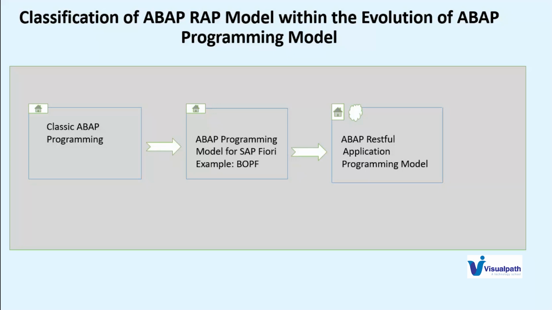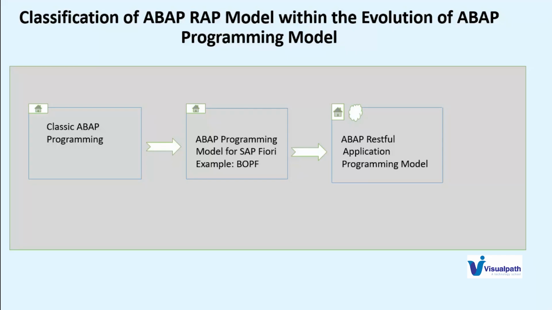Then after classical ABAP, BOPF came. BOPF is the Business Object Processing Framework. Mostly we use this BOPF in the transportation management module. If you are working on SD or FI, I think you cannot use it there. BOPF was totally designed for the transportation management module.